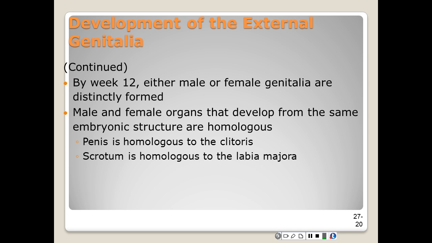In the males, the genital tubercle elongates to form the phallus. The urogenital folds start to fuse and enclose the urethra, beginning in the phallus, and that's going to form the penis. And the labioscrotal folds fuse to form the scrotum.